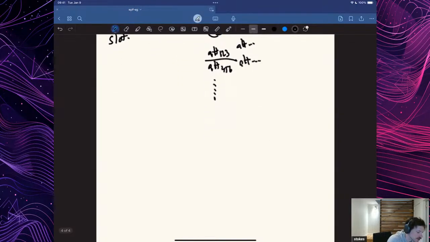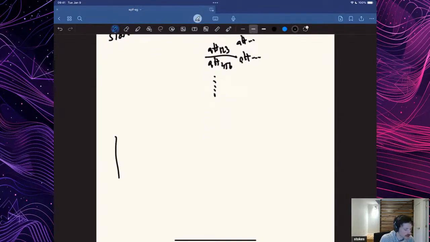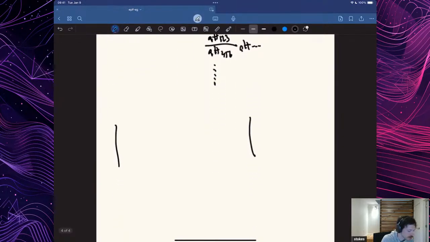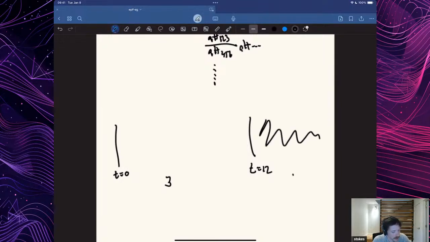Let me actually just do this. So now we're going to zoom into one slot. Let's say we'll take slot 3 as our example. This is t equals 0, t equals 12. This is slot 3, and over here is slot 4. So we're just looking at one slot now.